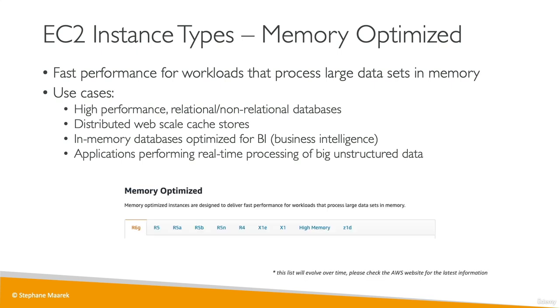In terms of names for the memory optimized instances, there's the R series, because R stands for RAM, but there's also X1, high memory, and Z1. Again, you don't need to remember the names of the instances, but it's good to know at a high level.